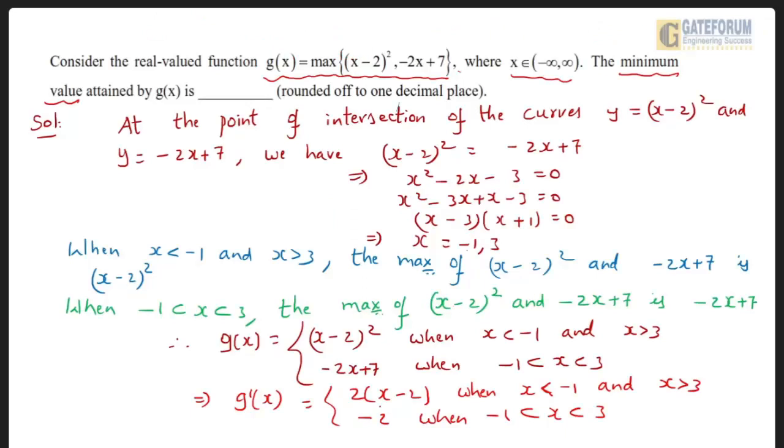Even if you take x less than minus 1, minus 2 is negative in this case. When x is greater than 3, this becomes positive. g dash x is positive when x is greater than 3. g dash x is negative, already minus 2, when x is less than 3. This is the case when x is less than 3, and this is when x is greater than 3.